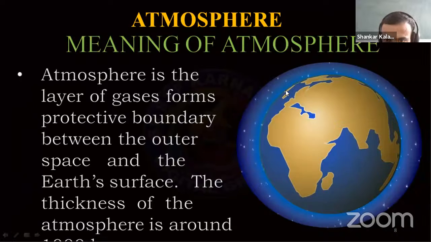This is the earth's surface, and this is all outer space. Between these, the atmospheric layer is found, formed by different kinds of gases. The thickness of the atmosphere is around 1,000 kilometers from the earth's surface, spread outward into the sky.